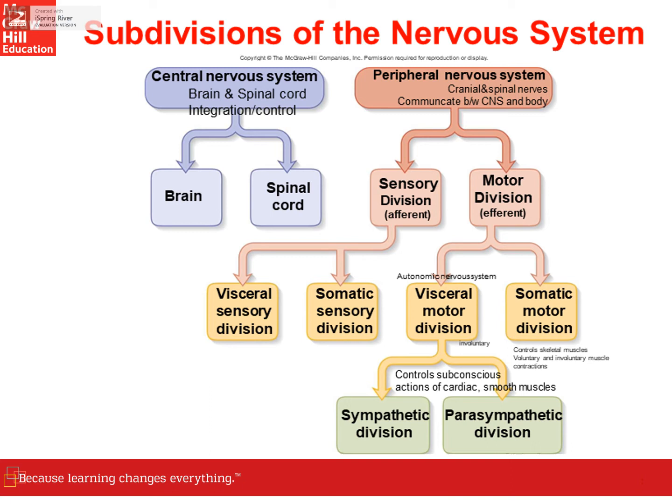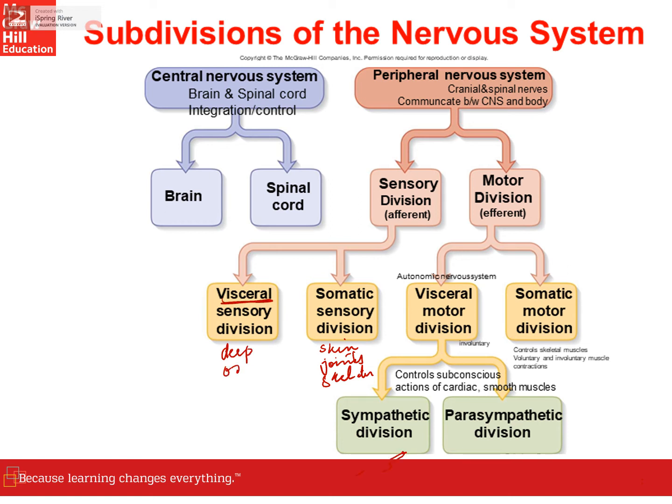The somatic sensory division is going to receive information from the skin, joints, and skeletal muscle. And the visceral sensory division is going to receive information from the deep. Visceral means deep, if you remember.